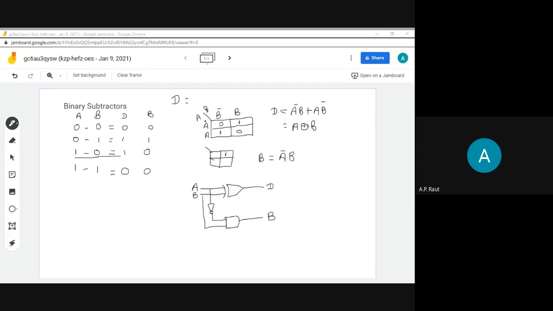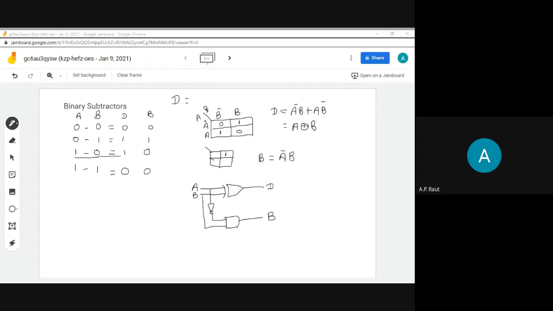Half subtractor is a combinational circuit with two inputs and two outputs.